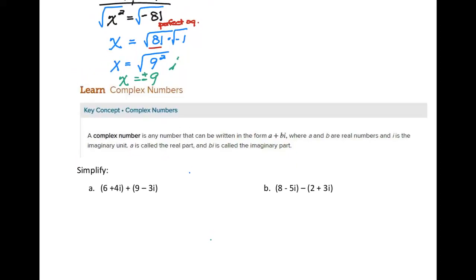And the last thing here, I only have one i, is to multiply that by i. So x equals plus or minus 9i, which you could write out as x equals 9i and x equals negative 9i. But usually this is how we write it.